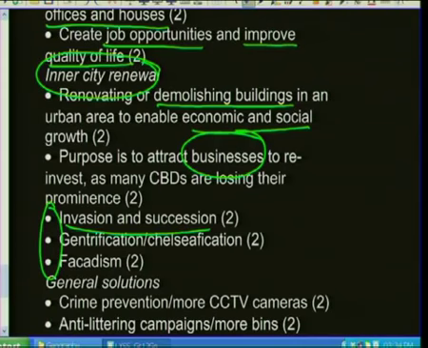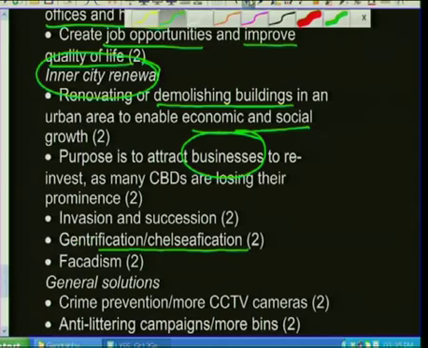That is the area where we get one function invading and changing. So for example, businesses invading into residential areas, taking over, and residential areas becoming commercial based. Gentrification or Chelseafication, this is a term given when we invest heavily in an area and upgrade it.